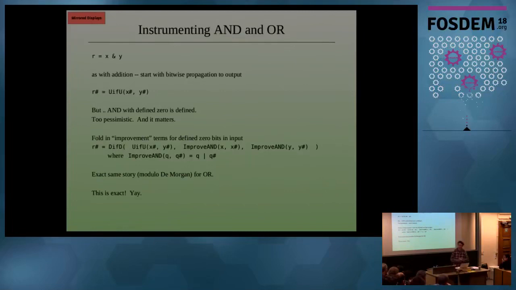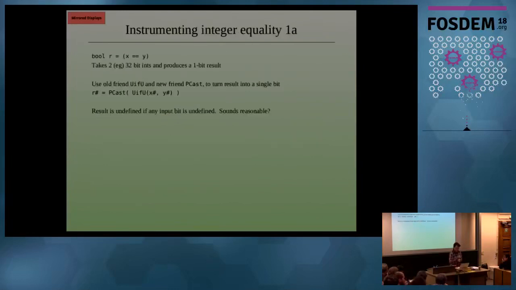So I want to show you one more example which has actually become a big problem recently, which sounds so harmless, and it's instrumenting integer equality and not-equality. The program is going to compute a single bit result by comparing two integers, of whatever size. Sounds harmless, right?